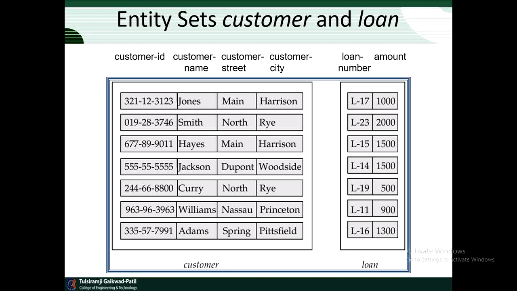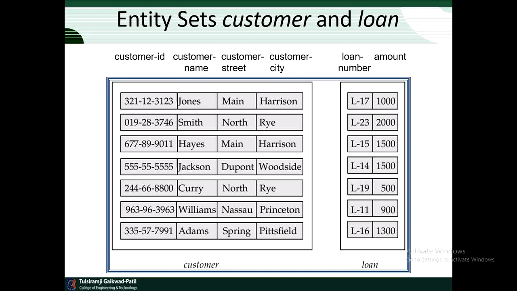So here in this example we will see the entity sets customer and loan. In this example there is one entity customer and another entity is loan. We can see that there are a number of attributes included in the entity customer, and there are two attributes in the loan entity.